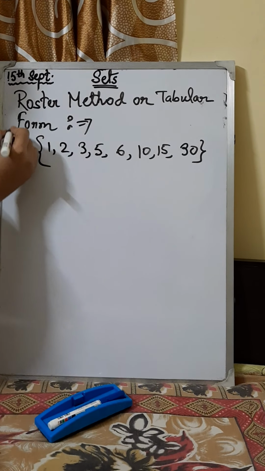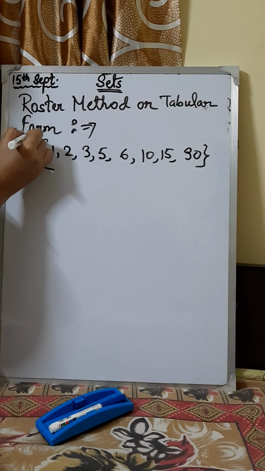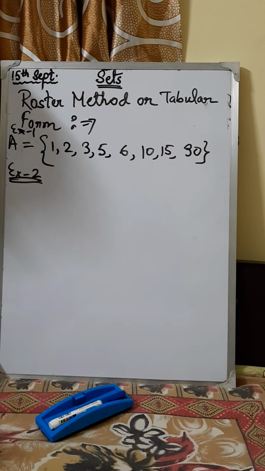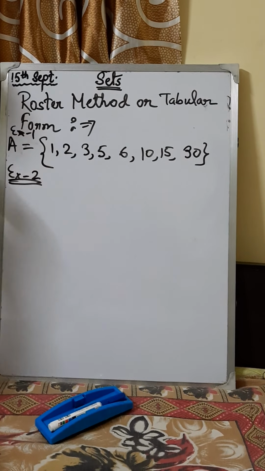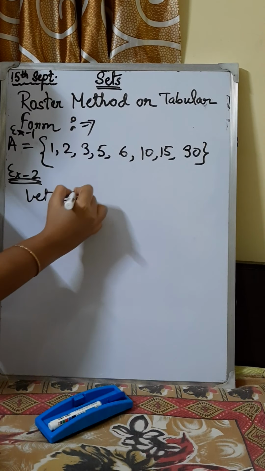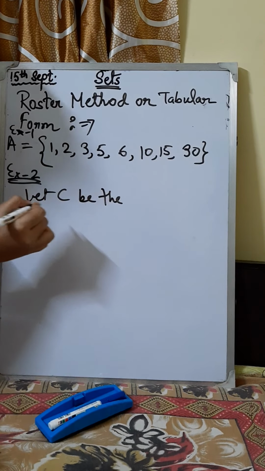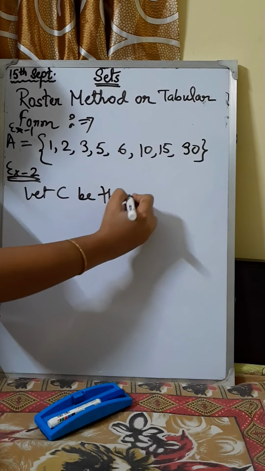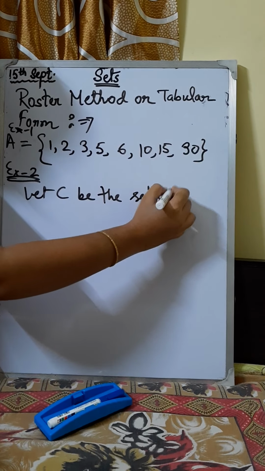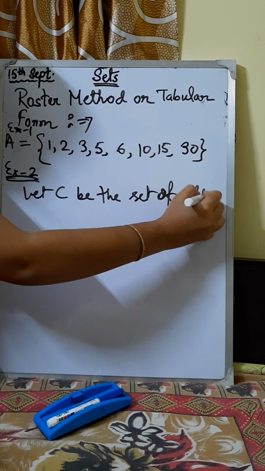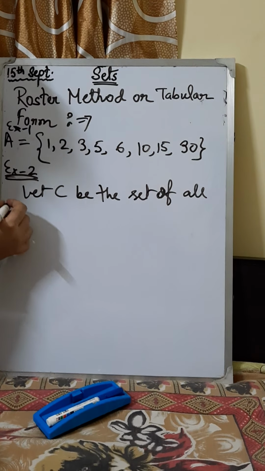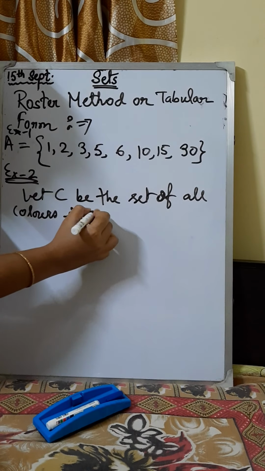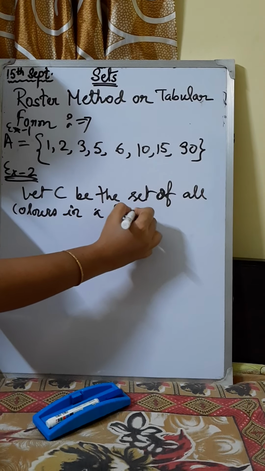Take another example, example 2. Let C be the set of all colors in a rainbow.